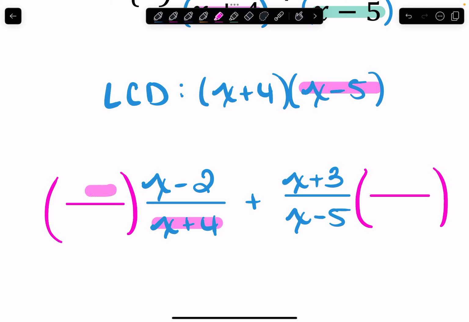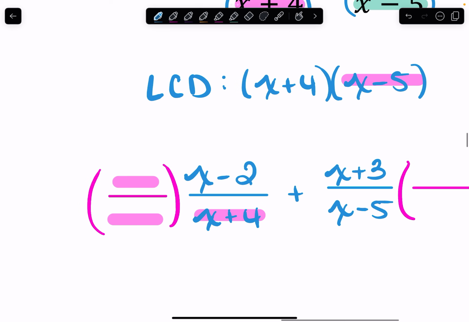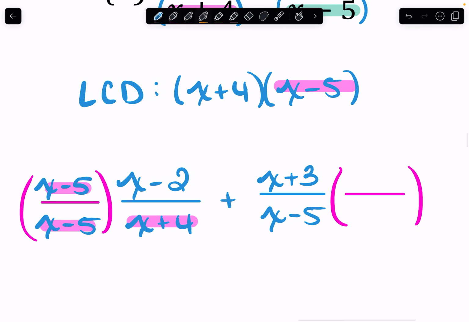So I am going to use the x minus 5 as my form of 1 because the denominators have to contain everything in the LCD. So the x minus 5 goes in for this one. For the second one, if I look at this, I have the x minus 5, but I am missing the x plus 4. So I'm going to use the x plus 4 as my form of 1.